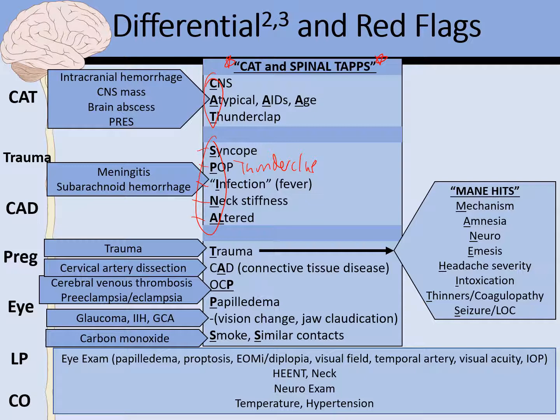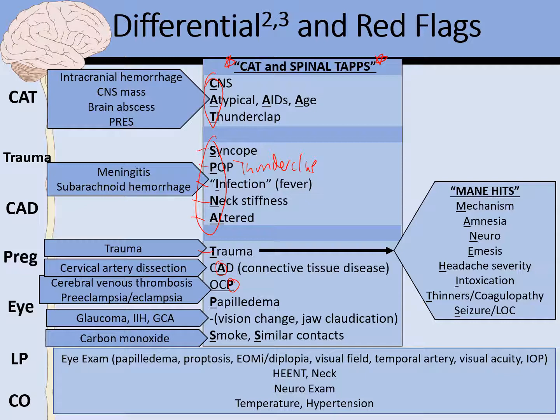The T in TAPS is for trauma. The A is for cervical artery dissection, which you just asked about minor trauma, so you can use this A to remember to ask about connective tissue disorders. The first P is for pregnancy, which relates to eclampsia.